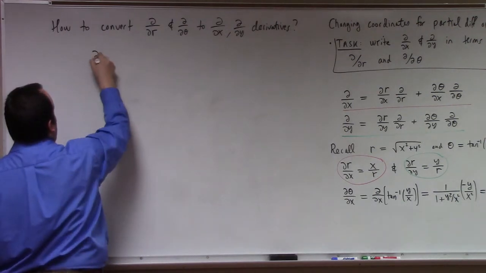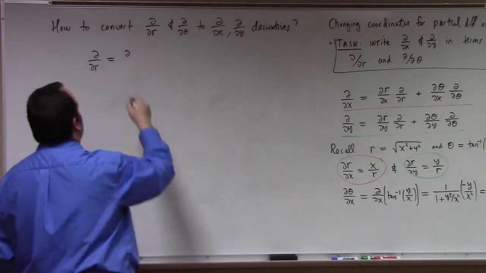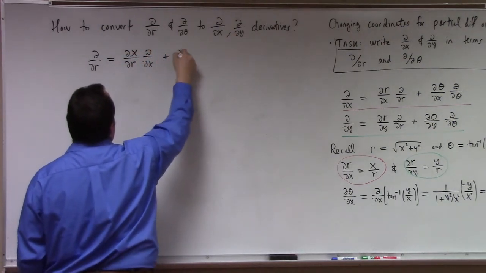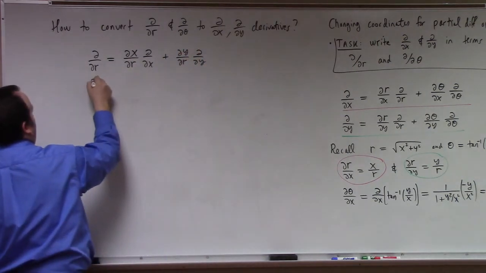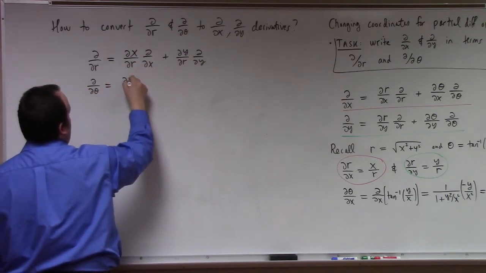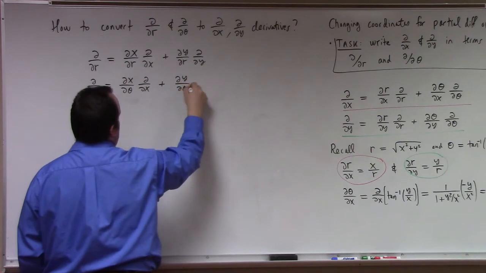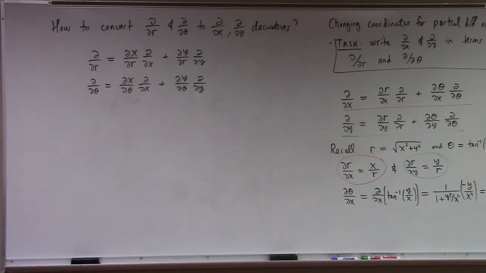I would do something like this. Partial r is partial x partial r, partial x, plus partial y partial r, partial y. And likewise, partial theta would be partial x partial theta, partial x, plus partial y partial theta, partial y. Now these happen to be way easier to calculate. Like, what's partial x, partial r?